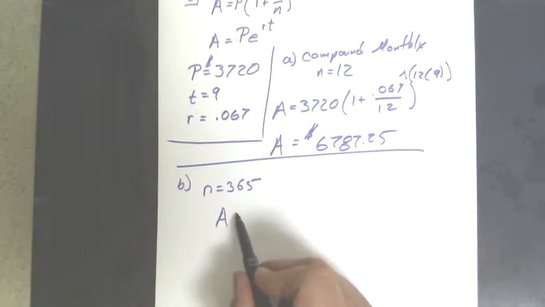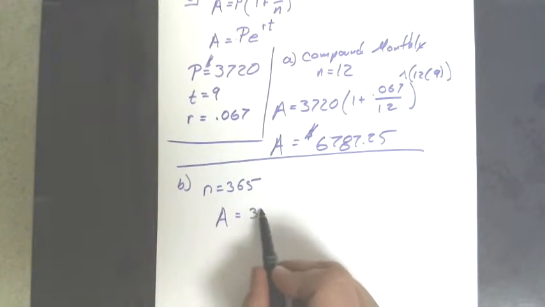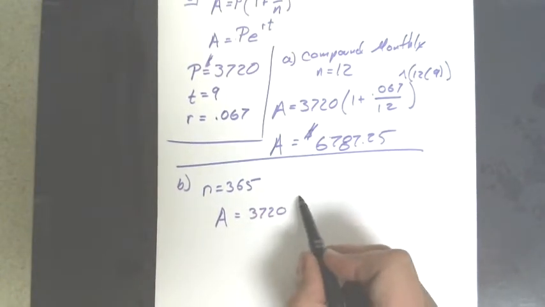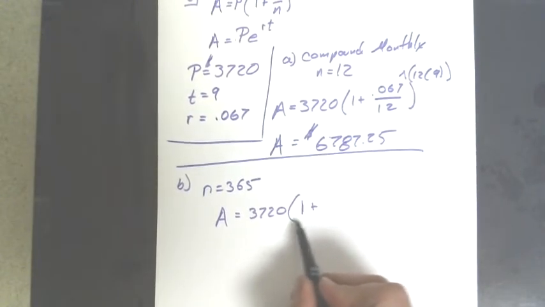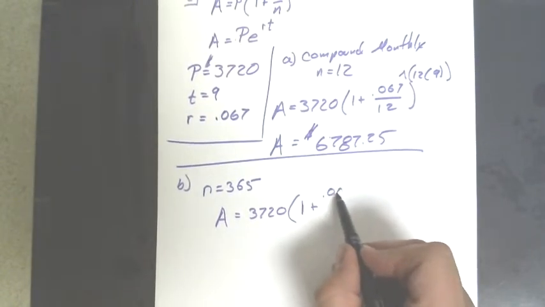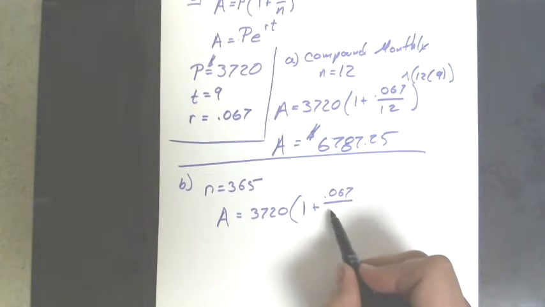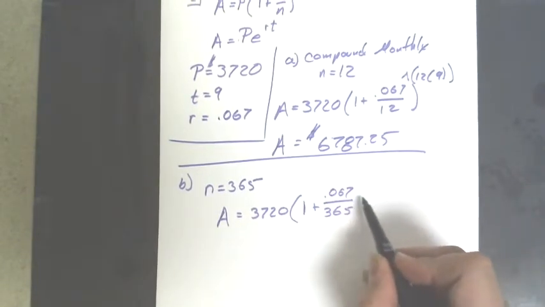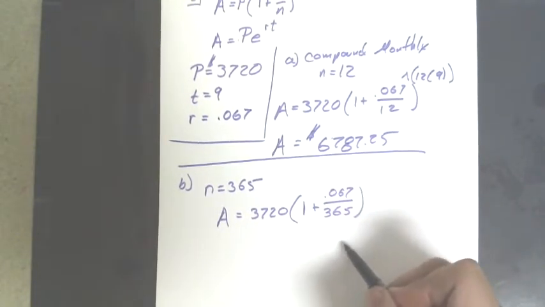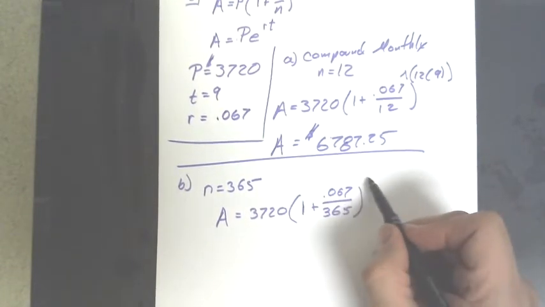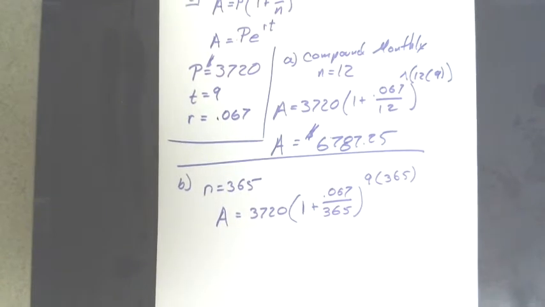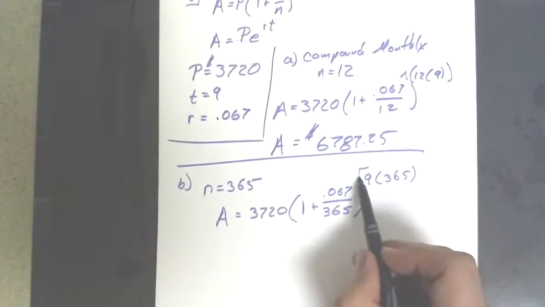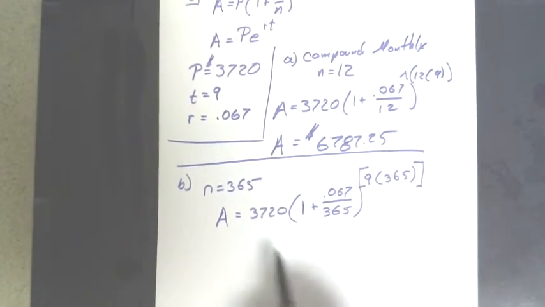So A equals our 3720, that's still our principal. 1 plus, that 1 is for the 100%, plus that rate divided into 365 pieces is actually what you're getting every day. And how many days? Well, 9 years times 365 days. Again, make sure when you evaluate, that's in parentheses.